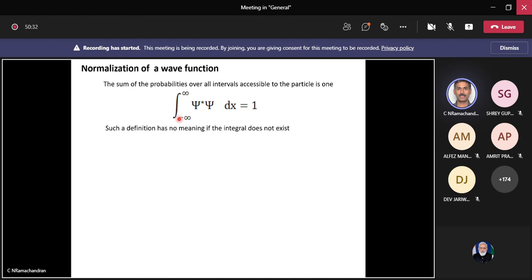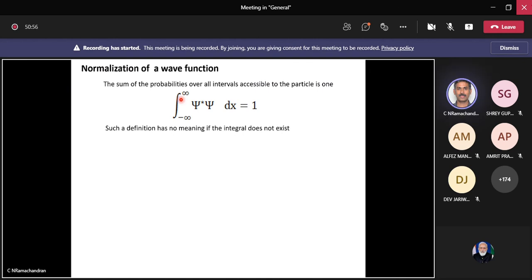We integrate from -infinity to +infinity, unless it is restricted to a particular region, in which case we write the limits for that. Then the integral of psi conjugate psi dx is equal to 1. This is the normalization condition. If the wave function satisfies this condition, we can say it is a normalized wave function. Just remember this.